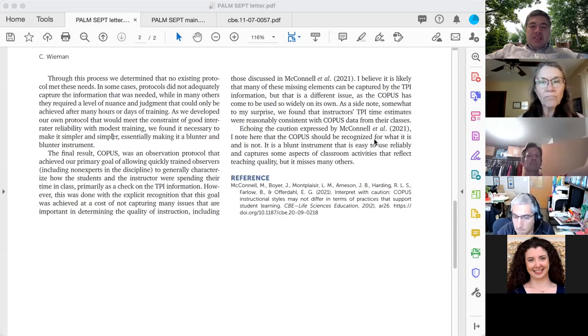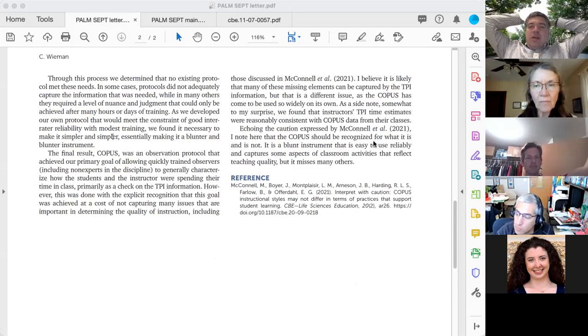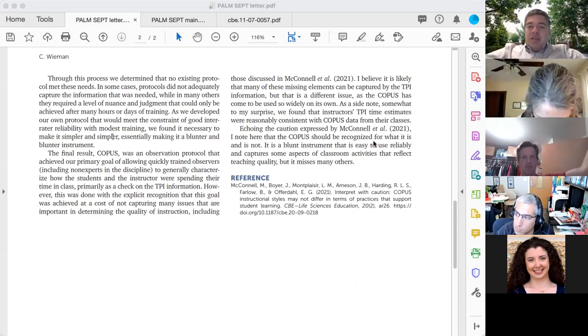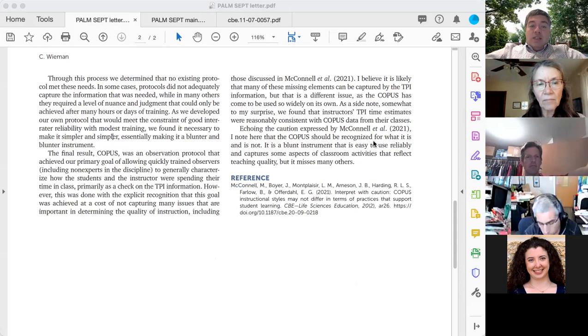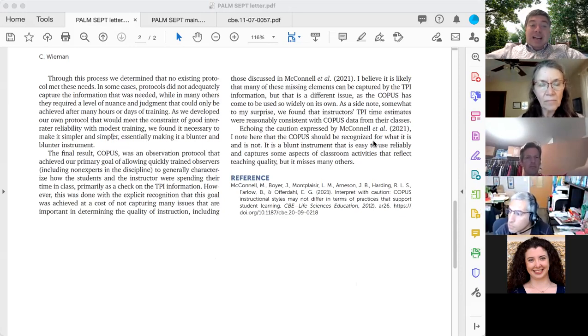I don't think so. What this paper is trying to do is make conclusions with a combination of COPUS data, with feedback, with formative assessments, and finding the correlation. Ideally, what the authors would want to see is a multi-tool way of seeing a trend in how effective active learning is being done. So you wouldn't bet the whole house on it. And as Sue suggested, for our purposes in PALM, we just wanted some validation that active learning was taking place.